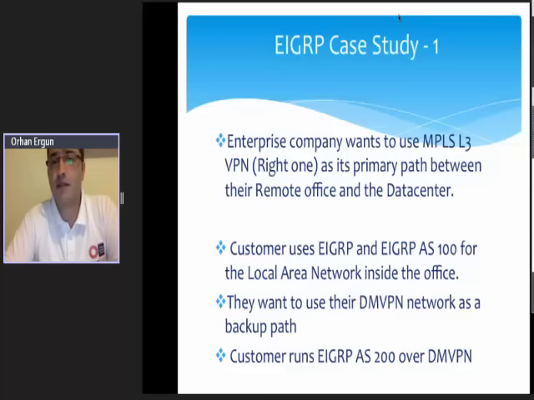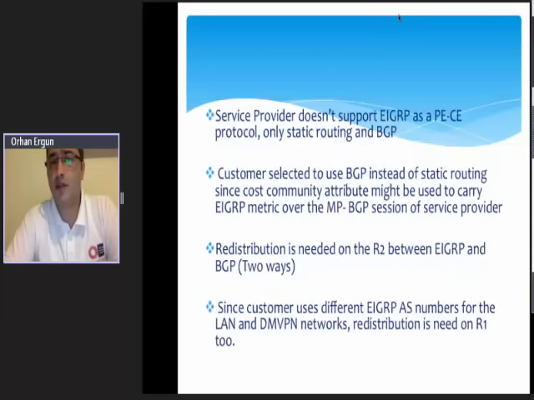The service provider doesn't support EIGRP as a PE-CE protocol, they only give static routing or BGP options. The customer selected BGP instead of static routing because the extended community attribute might be used to carry EIGRP extended metrics over the multi-protocol BGP session of the service provider.